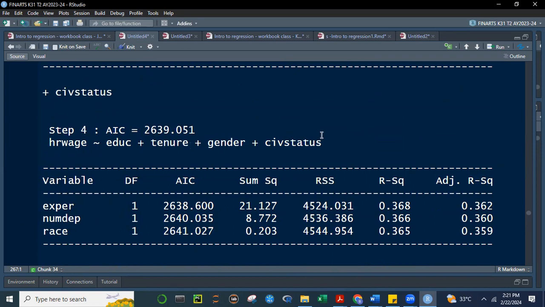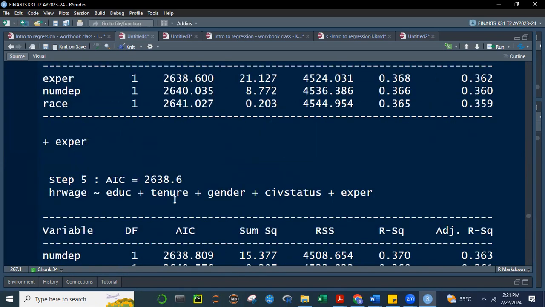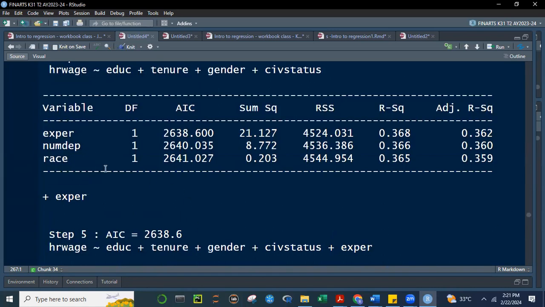So, ito na. 4 na, no? So, ilan na lang natitira, class? 3. And then, pag pinasok daw si experience, magiging ang AIC 2638. Ngayon kasi 2639. Alright, so ipapasok to, 2638. So, pinasok si experience. Now, take note, class, kanina, pag p-values ang gagamitin, hindi pa pwede si experience kasi hindi siya statistically significant.